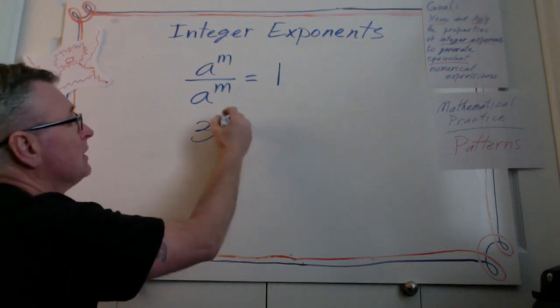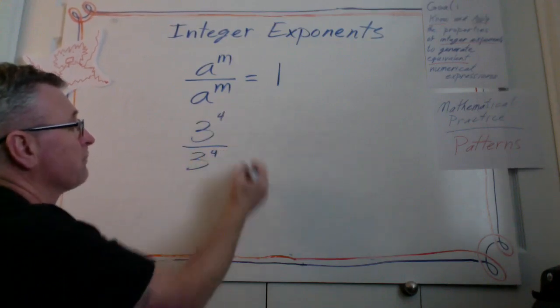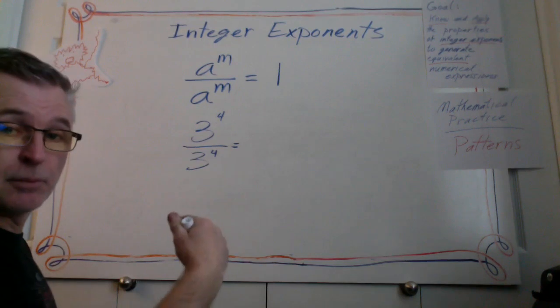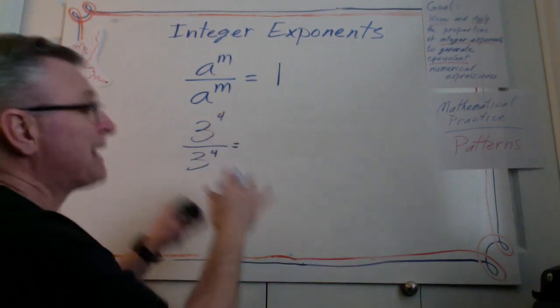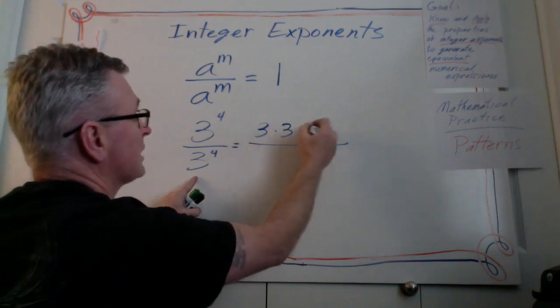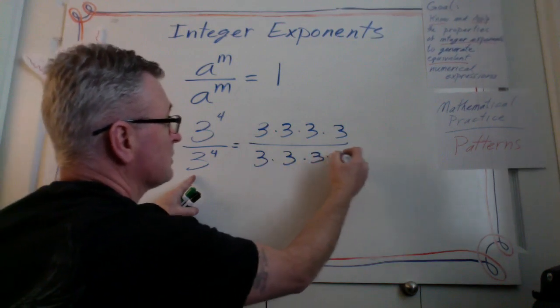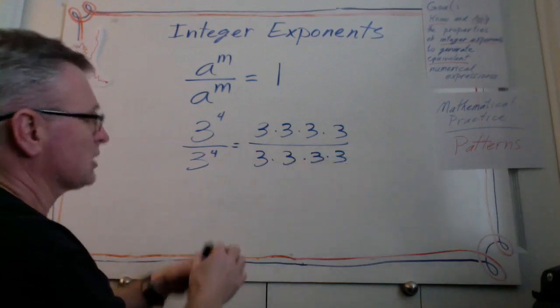If you had 3 to the 4th power over 3 to the 4th power, you could do this a couple of ways and prove that that's going to happen every single time. This expanded is 3 times 3 times 3 times 3 over 3 times 3 times 3 times 3. Well, what's so special about 3 over 3?